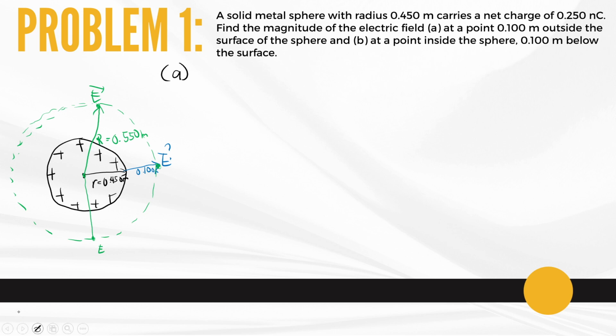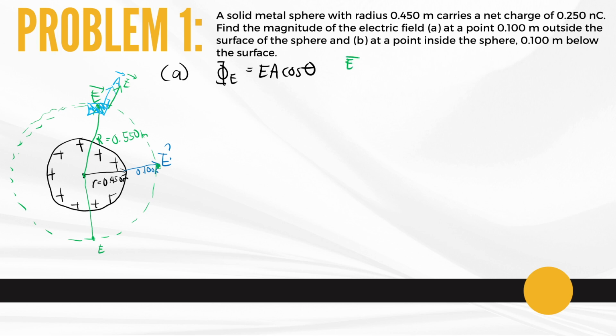Now, remember my electric flux. In getting the electric flux, I have EA cosine theta. I don't know theta yet, but if I take a part of my area here, my area is going this way, always perpendicular to my surface. And if I analyze carefully, my electric field is going the same way, so the electric field is parallel to my area.